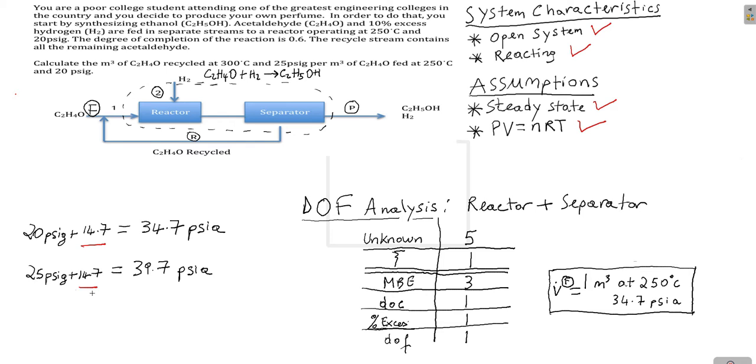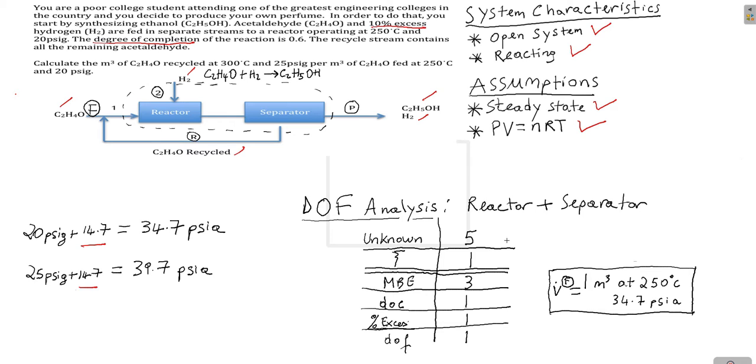We have 5 unknowns, which are C2H4O, C2H4O, C2H5OH, H2, and H2. One extent of reaction, because there is only one reaction occurring. 3 mass balance equations, because we have 3 species. 1 degree of completion, which is right here. 1 percent excess, which is right here.